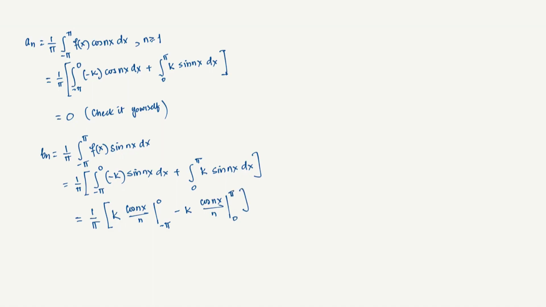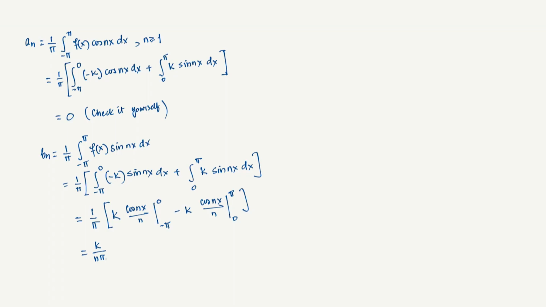If I do that, you are going to get cosine n pi by n and cosine minus n pi by n. So bn's, we are going to get as k by n pi taken common, because the k by n part is common in both terms, so I'm just taking it out.